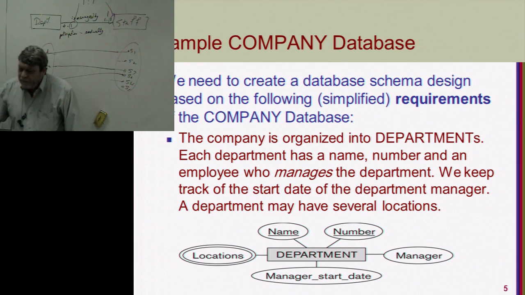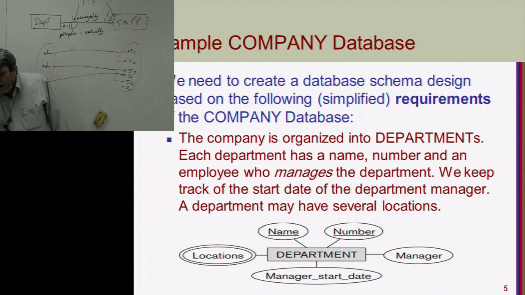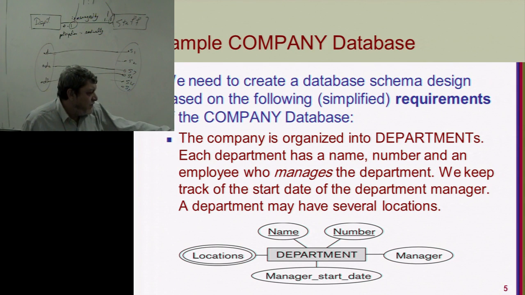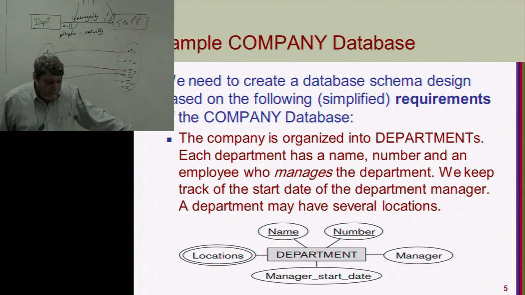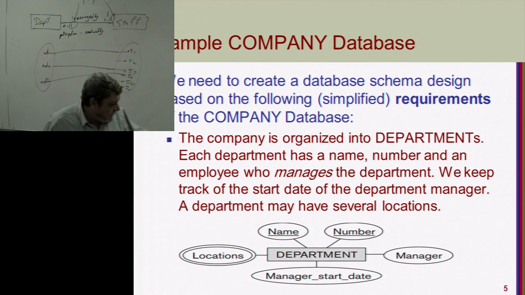Now keep reading. The department has an employee who manages the department, a manager, right? So we added another attribute, manager. At that point, we assume that it is an attribute. We need to keep track of the start date of the department manager. That's why we have the manager start date.